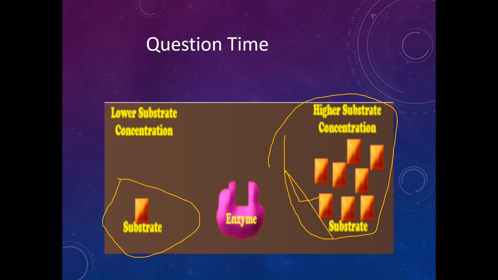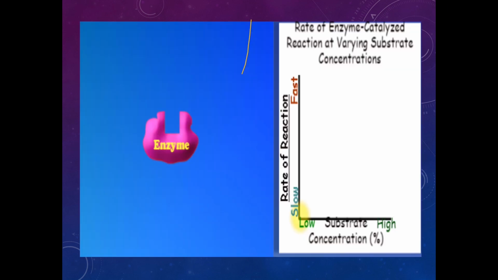If you said number 2, this is the right answer. The third factor that affects the enzyme activity or the rate of reaction of that enzyme is the concentration of the substrate. The more substrate, the higher rate of reaction. So the higher activity.